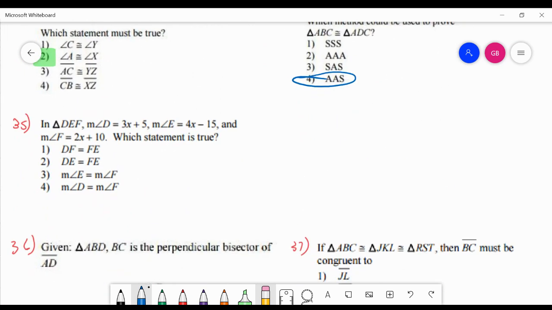In triangle DEF, angle D is equal to 3x plus 5, angle E is equal to 4x minus 15, and angle F is equal to 2x plus 10. Which statement is true? Okay, so let's go ahead and draw this triangle out.